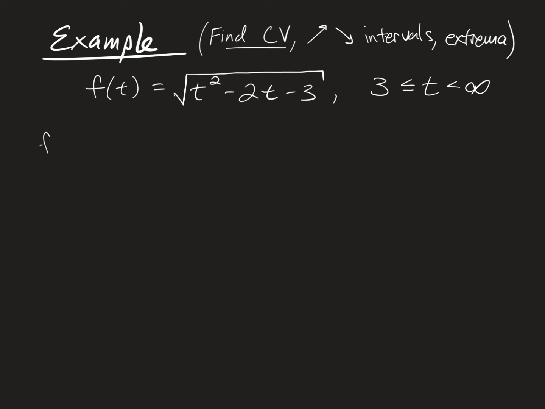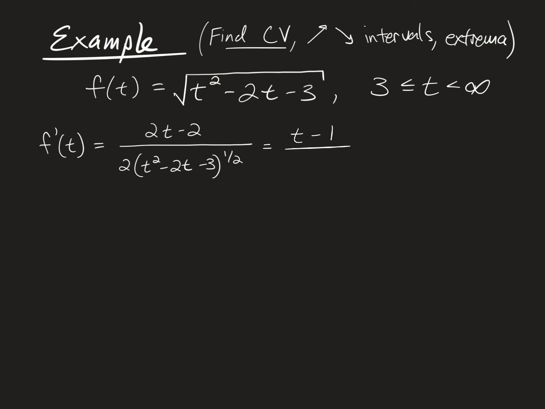The critical values are found by finding the derivative, which is 2t minus 2 all over 2 times t squared minus 2t minus 3 to the 1/2 power. Now, keen-eyed viewers might notice that we can divide the top and bottom by 2. So in order to make this a little bit simpler, I want to do that.